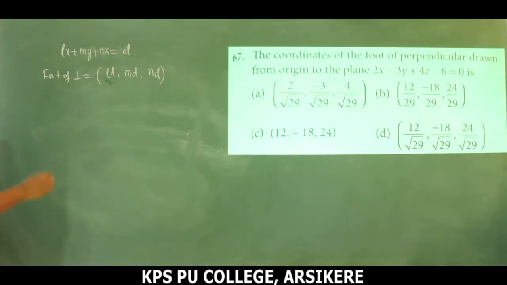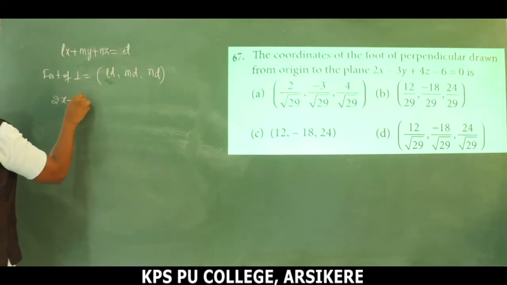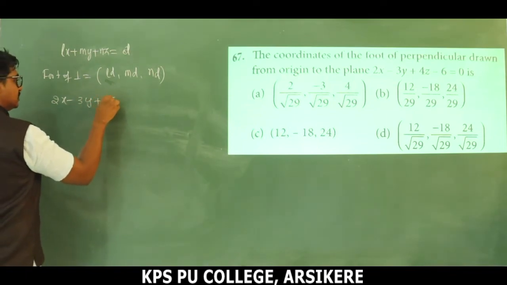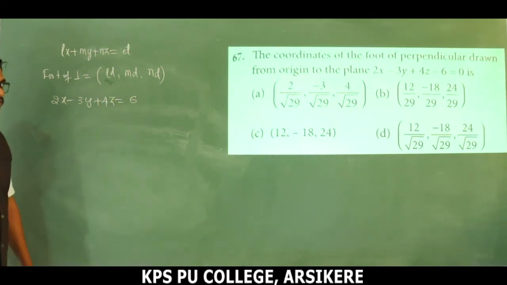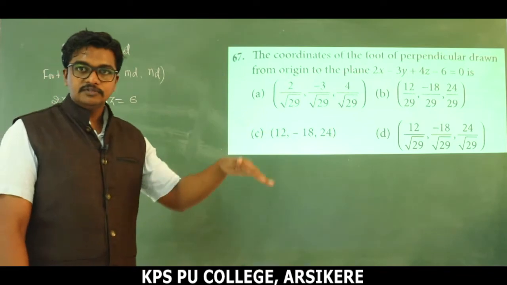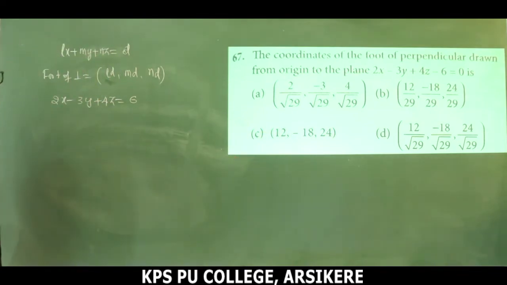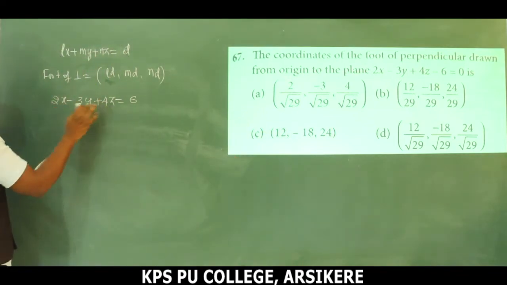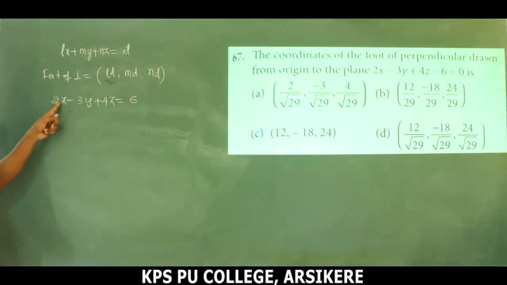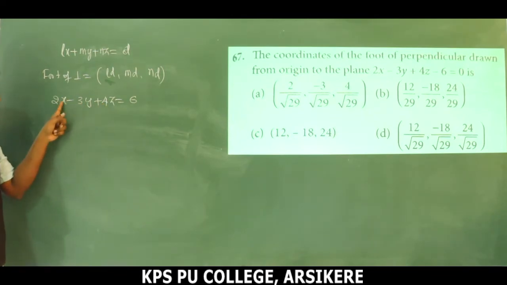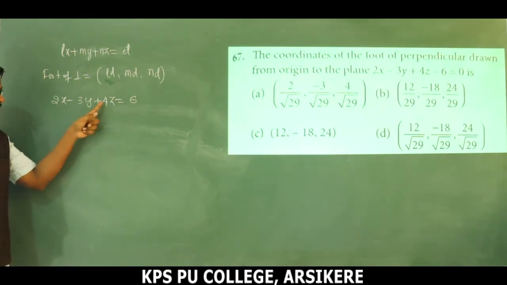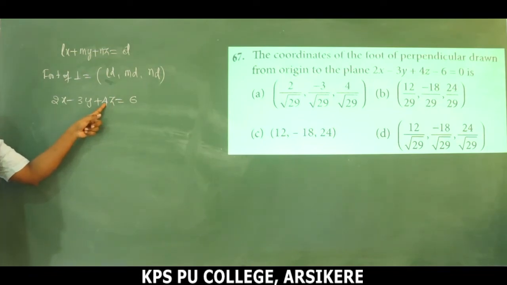What is the given equation? 2x minus 3y plus 4z is equal to 6, since minus 6 becomes plus 6 when it goes to the right hand side. Is it lmn here? If you compare with this equation, l is 2, m is minus 3 and n is 4.